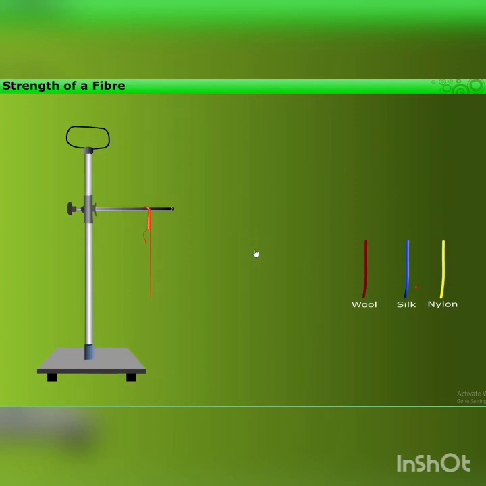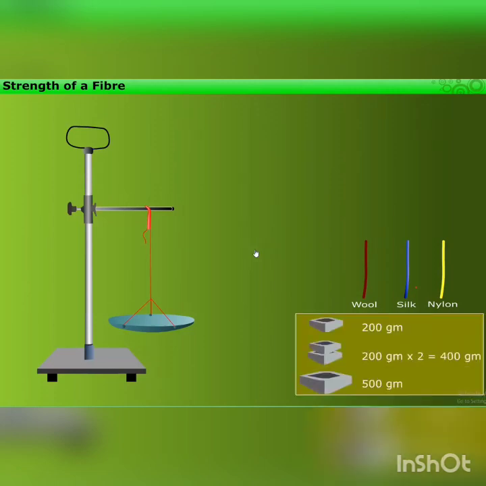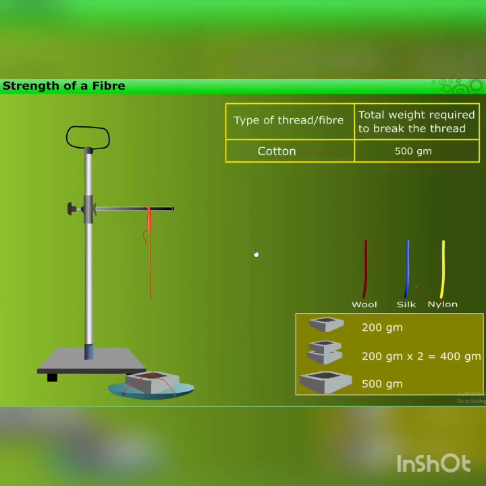At the free end, suspend a pan in such a way that weights can be placed in it. Add weights one by one till the thread breaks. Note down the weight required to break the cotton thread. This weight indicates the strength of the fiber.